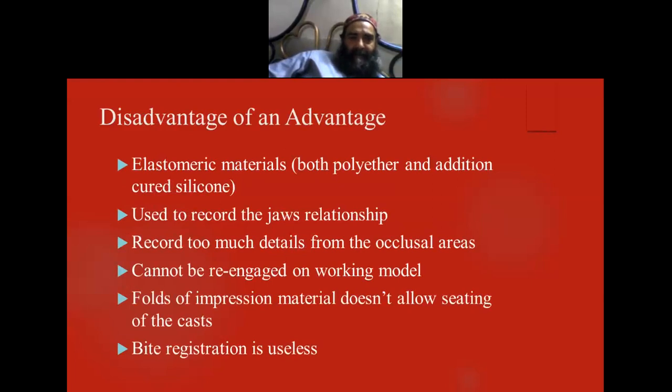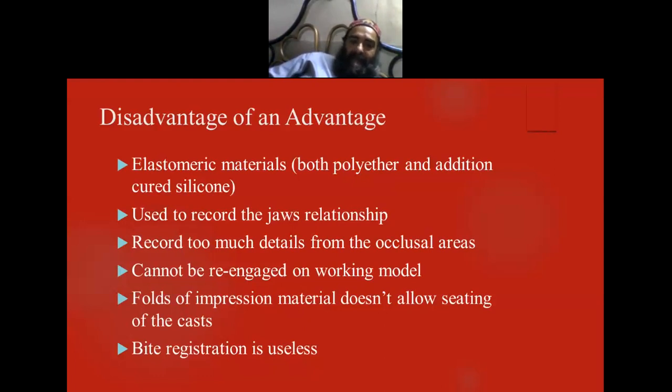Disadvantages and advantages. Elastomeric materials, both polyether and addition cured silicone, are also used to record the jaw relationship. But on the other hand, they record too much detail from the occlusal areas. So the too much good thing becomes a bad thing. How?